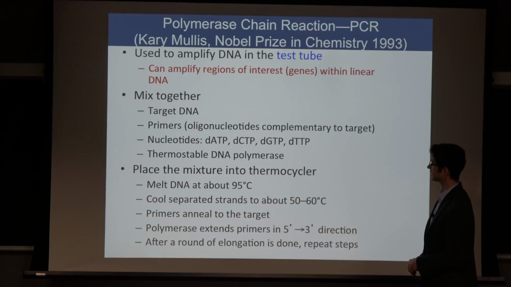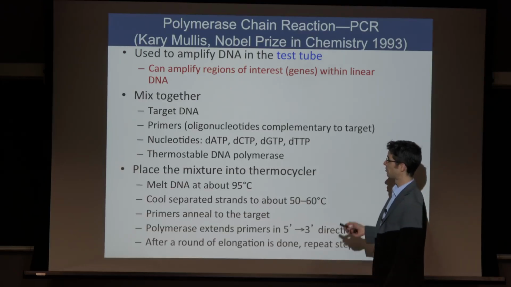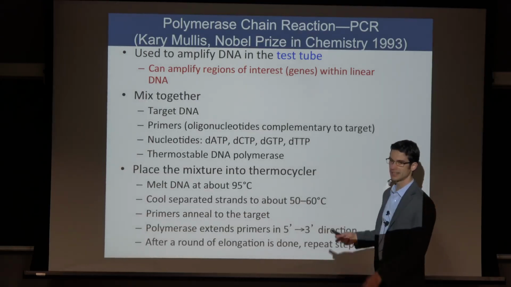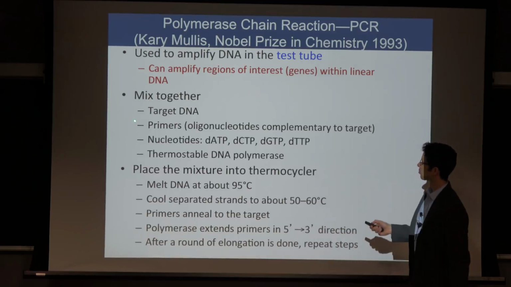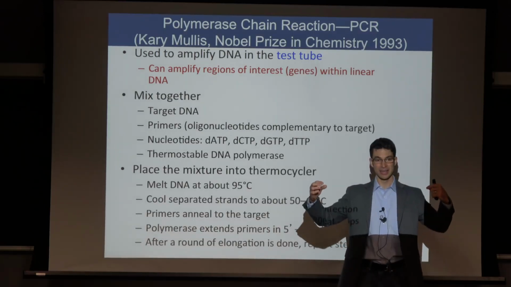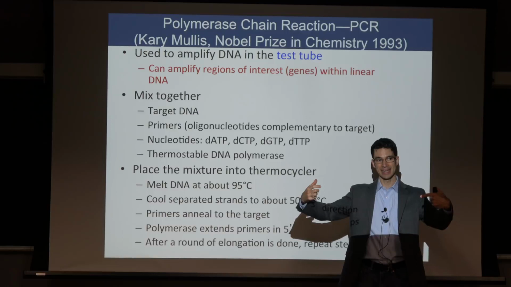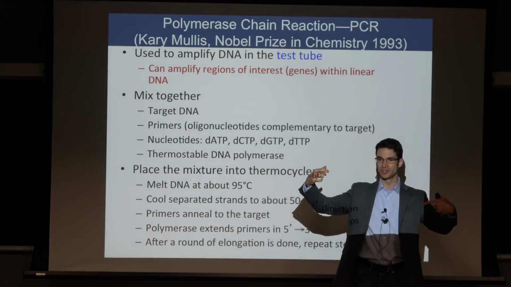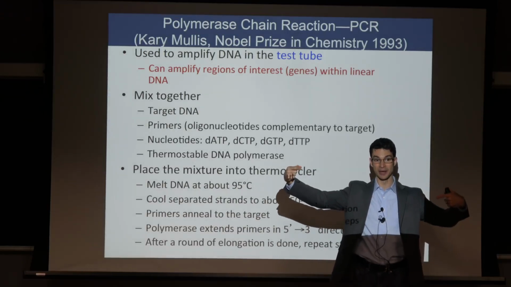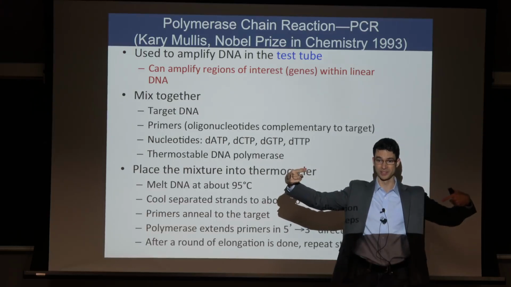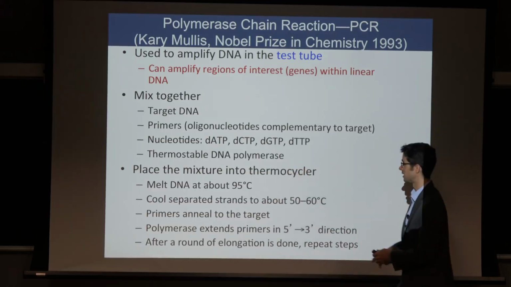So the idea is to mix together 4 components: the target DNA that you want to copy, the primers, which are complementary DNA fragments that bind to the beginning and the end of the sequence that you want to polymerize.